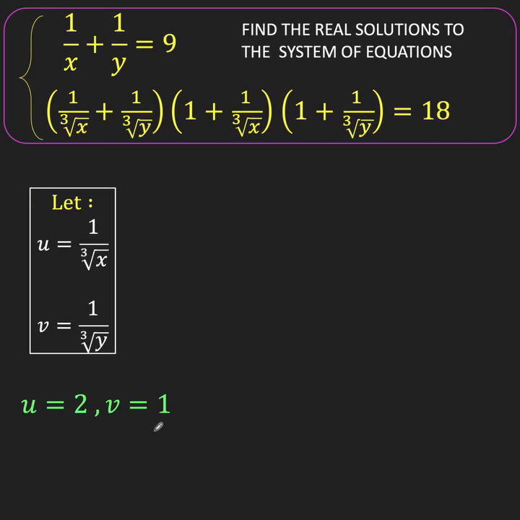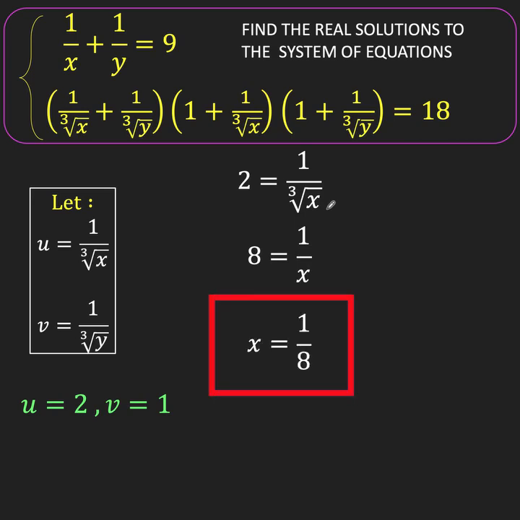So substituting these values, this is now what we have. u equals 2 equals 1 over the cube root of x. Then we raise both sides to the third power, and we solve for x to get x equals 1 over 8. This is the first value for x.